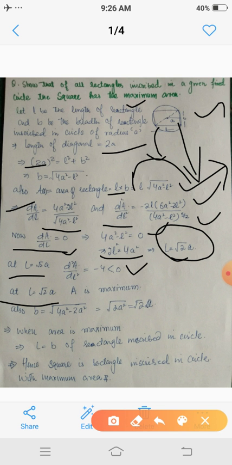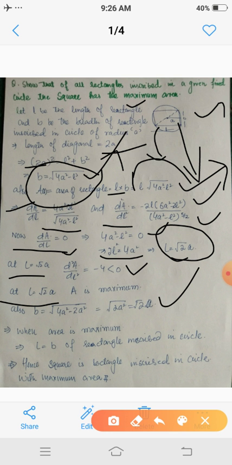This means that the maximum area is only possible when L equals root 2 a. Now when L equals root 2 a, substituting this L in B equals root of 4a square minus L square, we get B equals root 2 a.